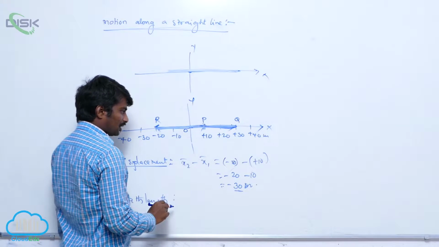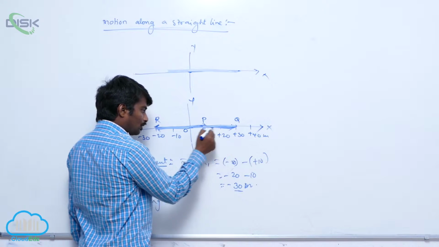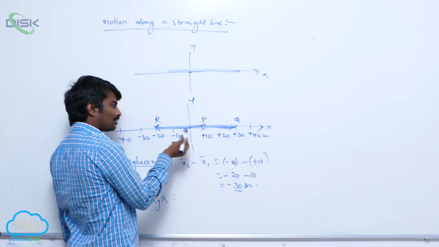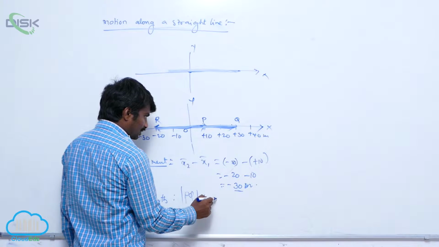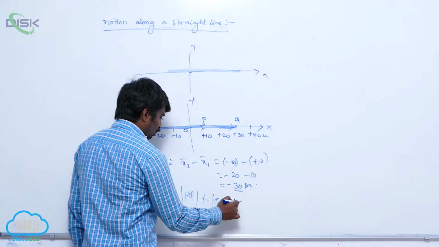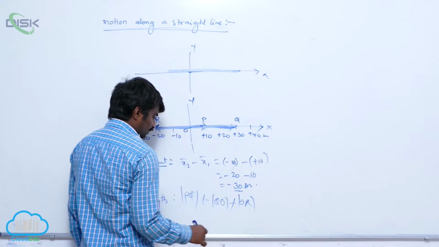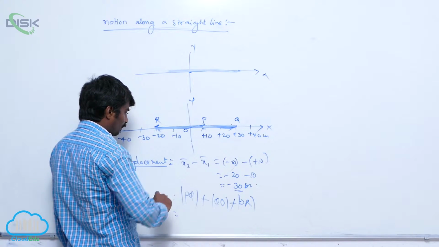So what is the path length? The length of the path followed from P to Q, Q to O, then O to R, just magnitude. P to Q plus Q to O plus O to R. It is a scalar quantity, it only has a numerical value, magnitude.